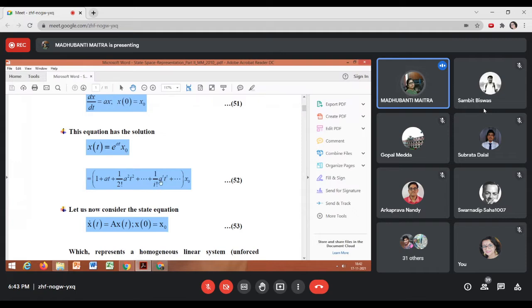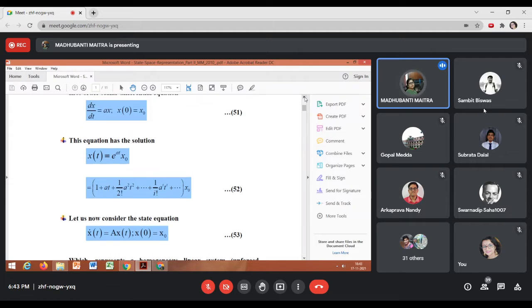With the help of this infinite series, we can express e to the power at, and obviously x(t) will be all this multiplied by x0, which is the initial condition, right? Please look at this equation, and we'll find that this scalar first order differential equation is one homogeneous equation.